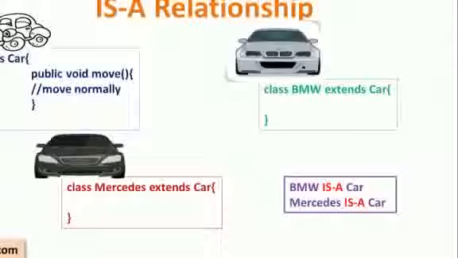That means if I create an object of Mercedes, I can use the Mercedes object to access the move method, which is actually defined in Car. Even if I create an object of BMW, I can use this object to call the move method in the Car.